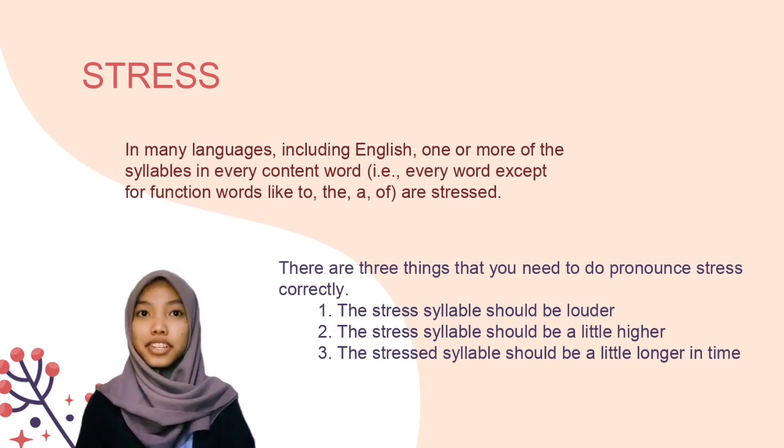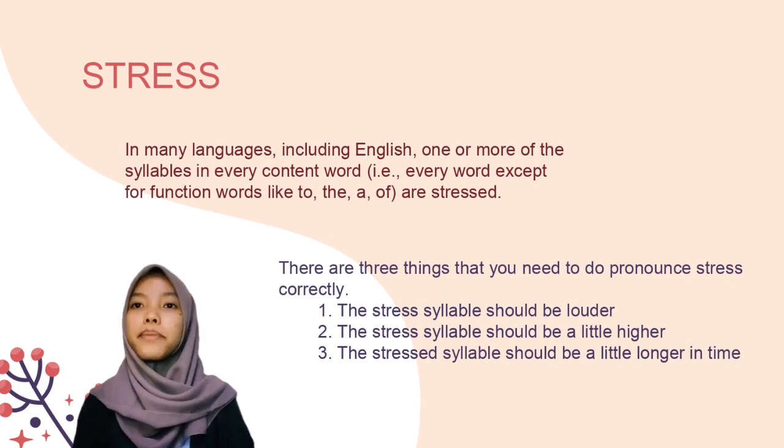Stress. Stress is one of the most important aspects of pronunciation in English. You have to use stress correctly so that people will find it easy to understand what you are saying. In many languages, including English, one or more of the syllables in every content word, except for function words like to, the, a, of, are stressed.